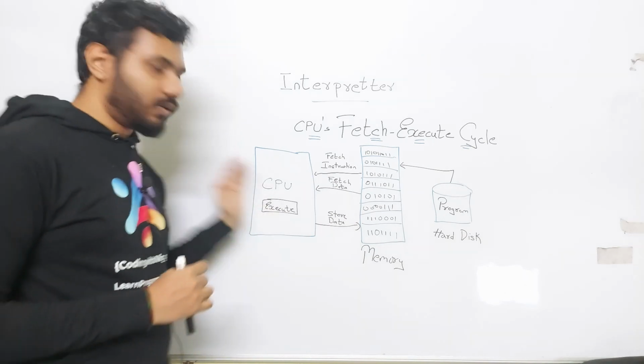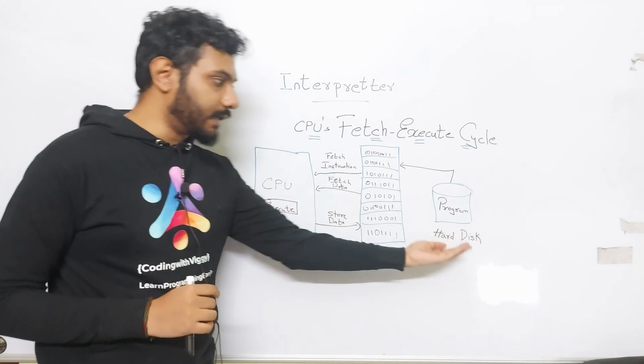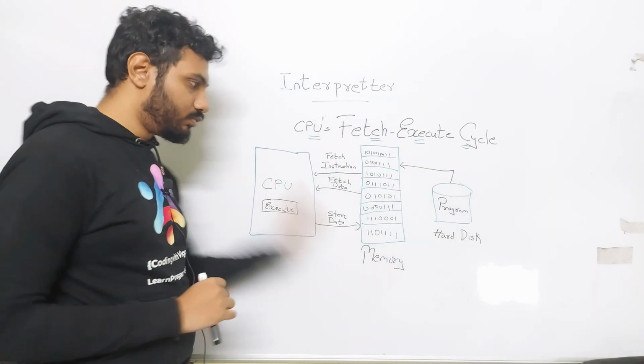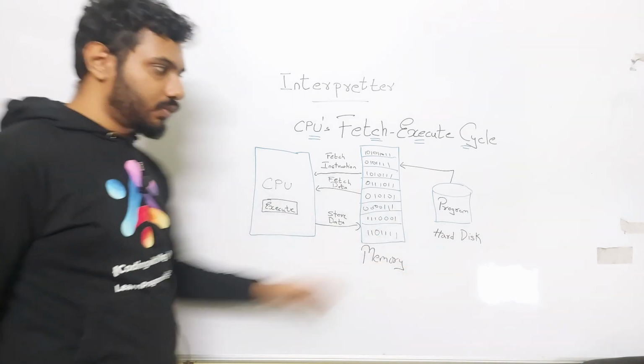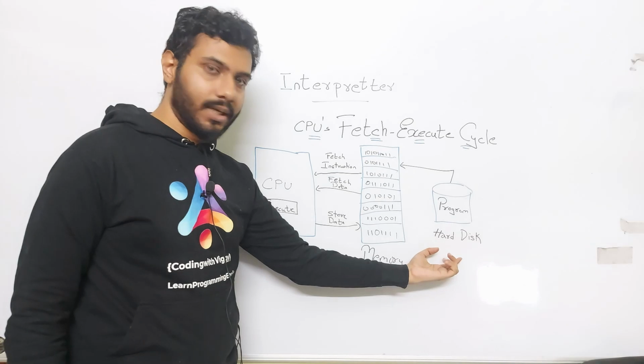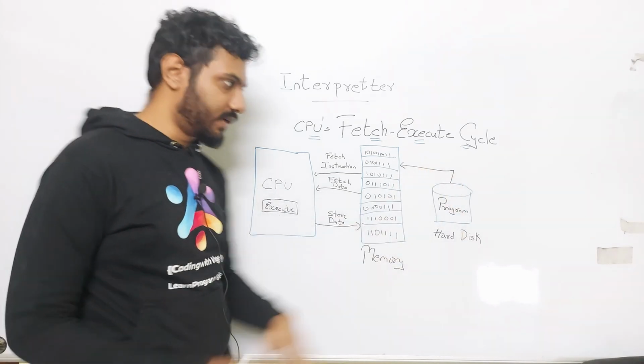We have three components: CPU, memory and hard disk. In the fetch execute cycle we have CPU, memory and hard disk. We have a program in the hard disk, and that program is a set of instructions.